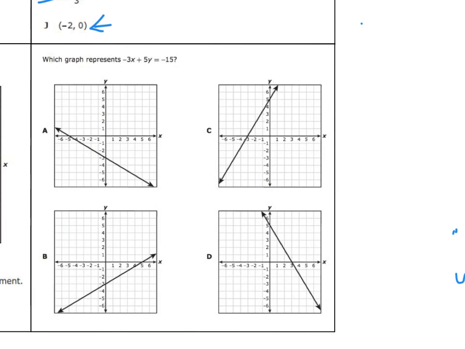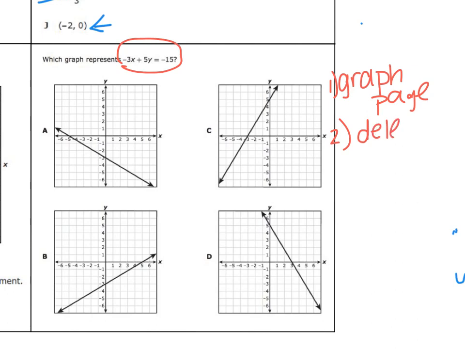On this last question, the easiest way to solve these is to go to a graph page in your calculator. So open up a graph page. And then notice this equation. It's not in the form y equals, so that means we have to do delete and relation in order to graph this equation.